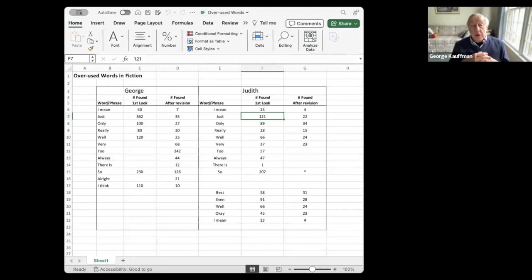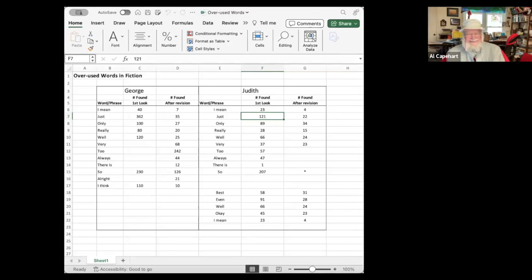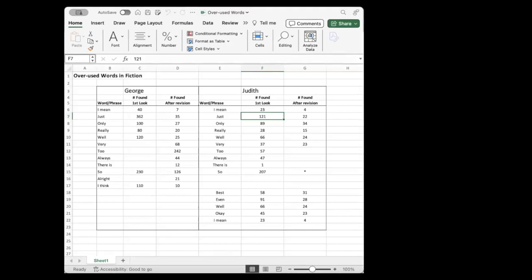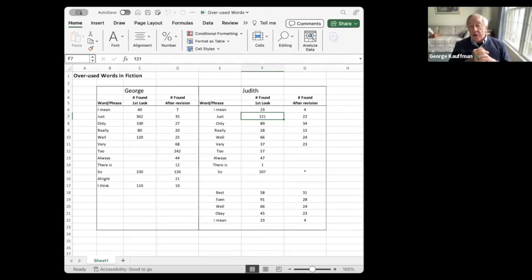So my little part of the thing today is, the way I found these was I used Microsoft Word and I did a find. I'm not going to go into details about how to use Word, but it's not difficult. And you can play around a little, but it'll find whole words. If you're looking for the word "so," it doesn't find every word that starts with SO.